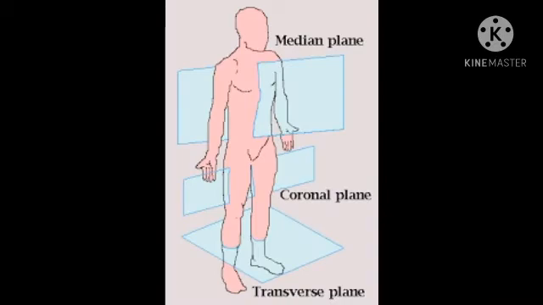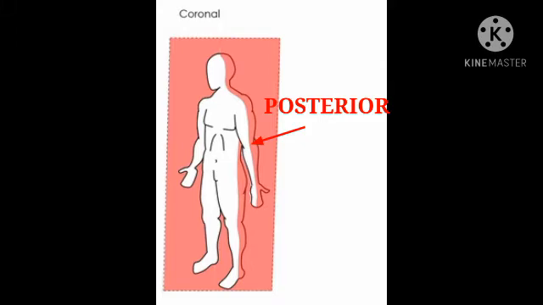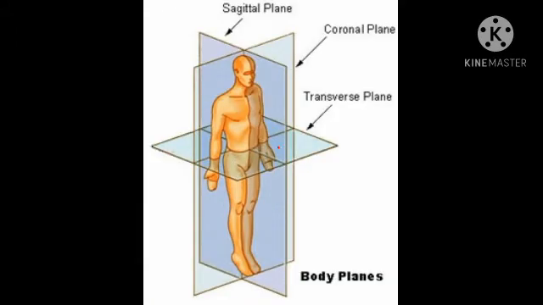The front part, we call it the anterior, and then the back part, we call it the posterior. So that when I'm describing the positions, let's say for example of the eye relative to the ear, we say that the eye is anterior to the ear and the ear is posterior to the eye.